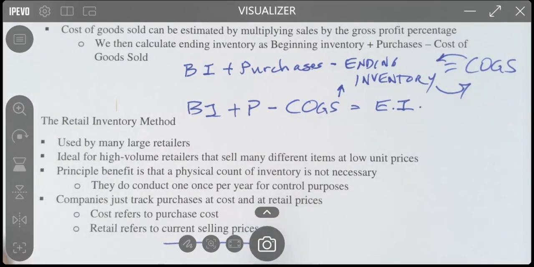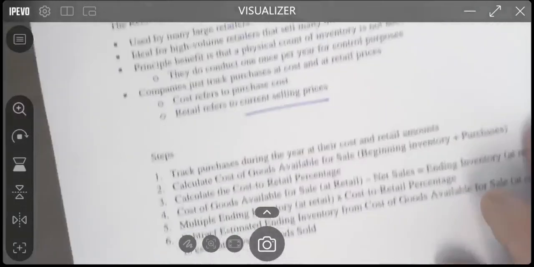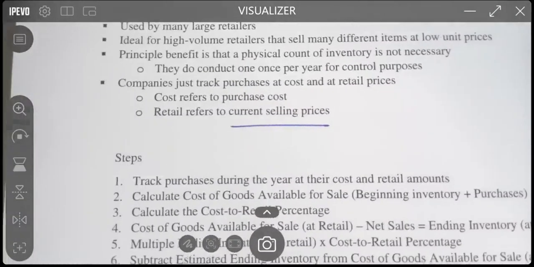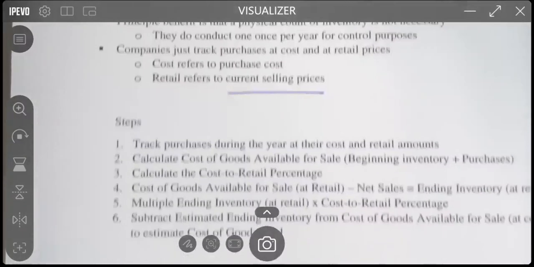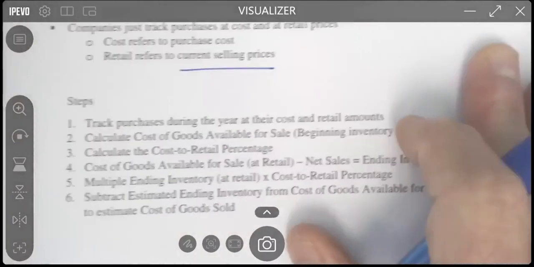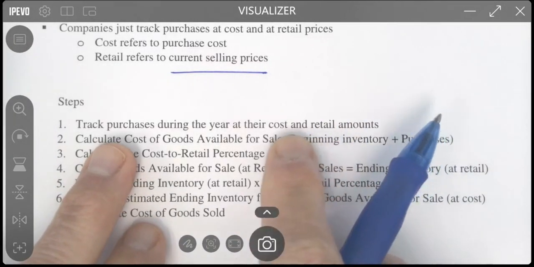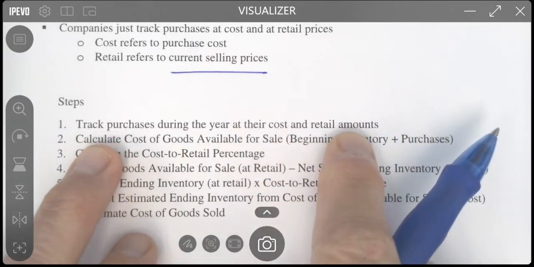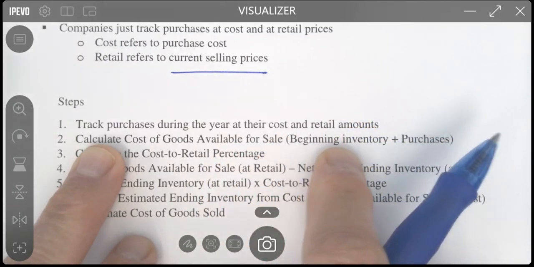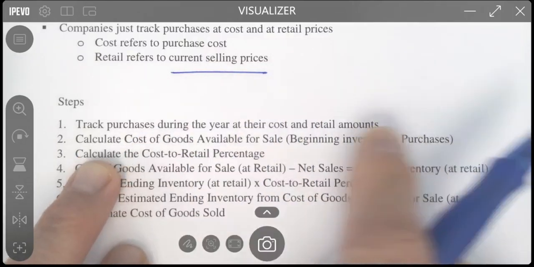So the steps in the retail inventory method are: track the purchases during the year at their cost and at the retail amounts. Calculate cost of goods available for sale, which is the beginning inventory, known, plus those purchases, known.